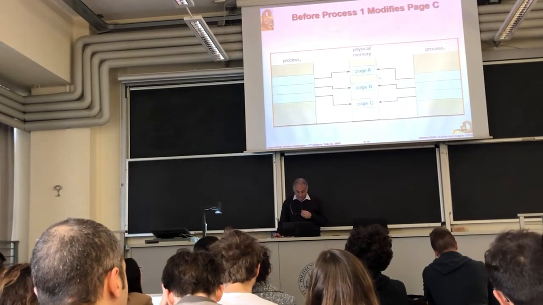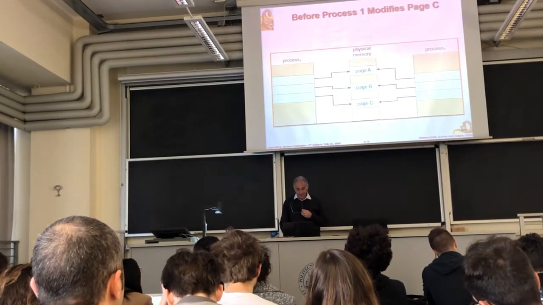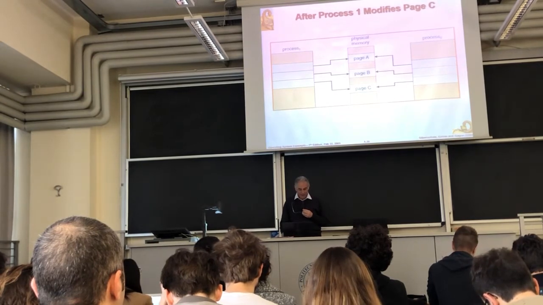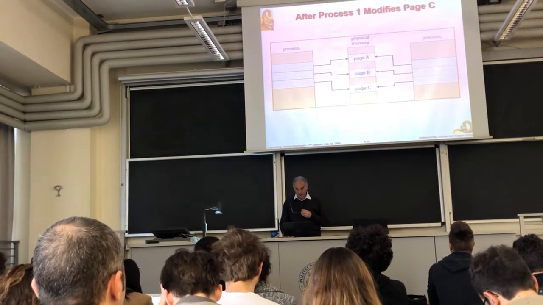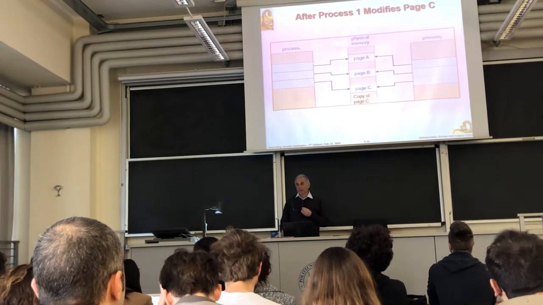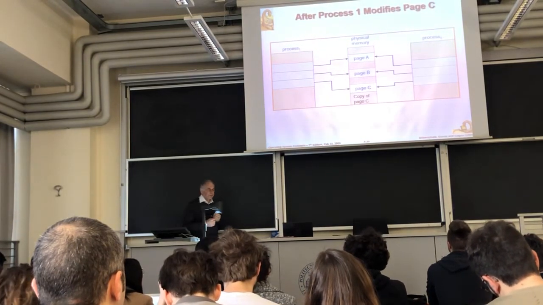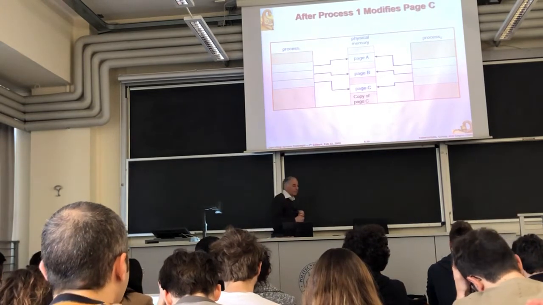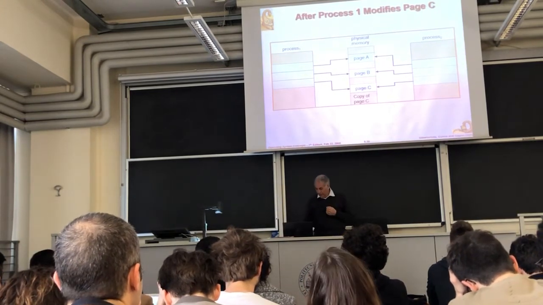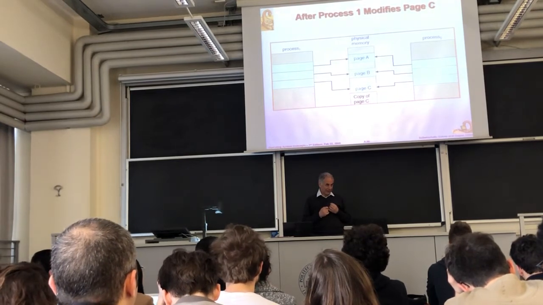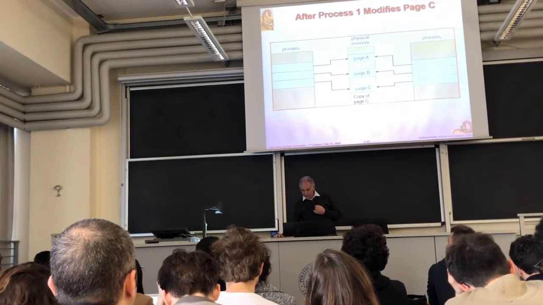And then process 1 modifies page C. So it means that at this point the kernel has to bring in memory a copy of page C because it has been modified.